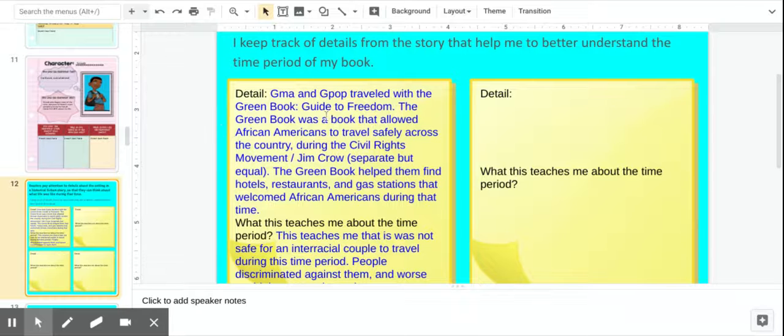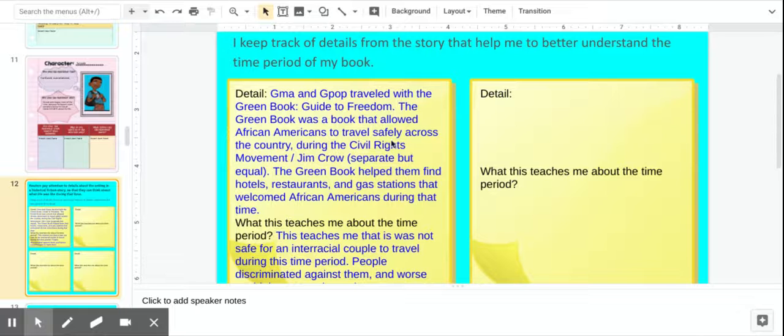The Green Book was a book that allowed African Americans to travel safely across the country during the civil rights, Jim Crow, separate but equal movement. The Green Book helped them find hotels, restaurants, and gas stations that welcome African Americans during that time. Now, I got that information from watching the Ed Puzzle video.